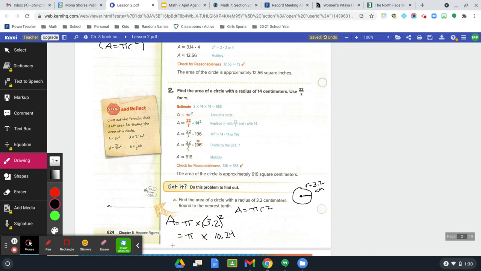Multiply it by itself. When you get that value, now you're going to multiply it by pi. So we'll use the pi key here. You're going to see me in this lesson go back and forth between the pi key and also using 3.14. So I need you to get comfortable with using both and understanding the difference between both. And again, remember, there's not much of a difference. The pi key is the exact amount, an infinite decimal, and the 3.14 is just rounded. In this problem, we're going to use the pi key. So now 10.24 times the pi key on your calculator.